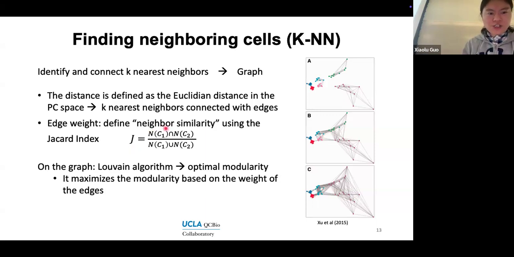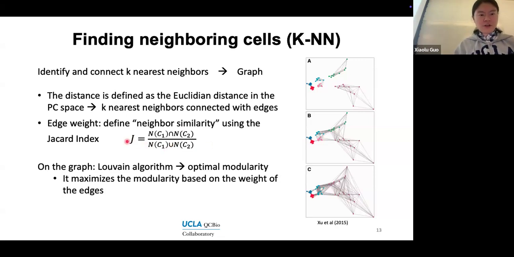Each edge is linking two cells, so we can look at the cell 1 neighbor set versus the cell 2 neighbor set. We take their intersection over the union of their neighbors, that is, the magnitude of the intersection set versus the union set.